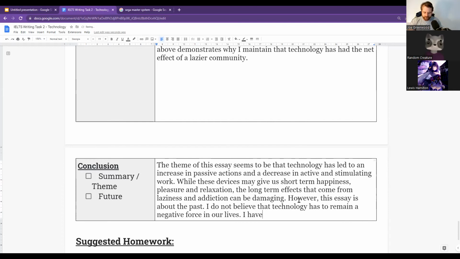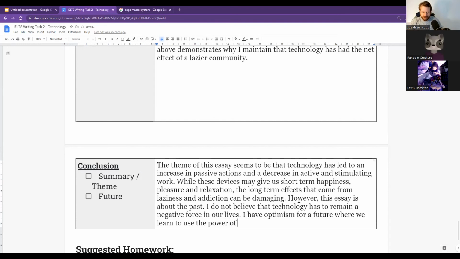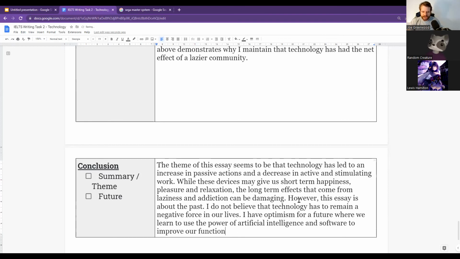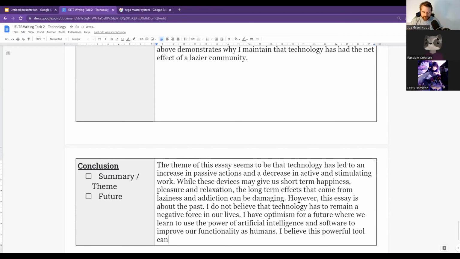I have optimism for a future where we learn to use the power of artificial intelligence and software to improve our functionality as humans. I believe this powerful tool can eventually make us happier and better than ever.